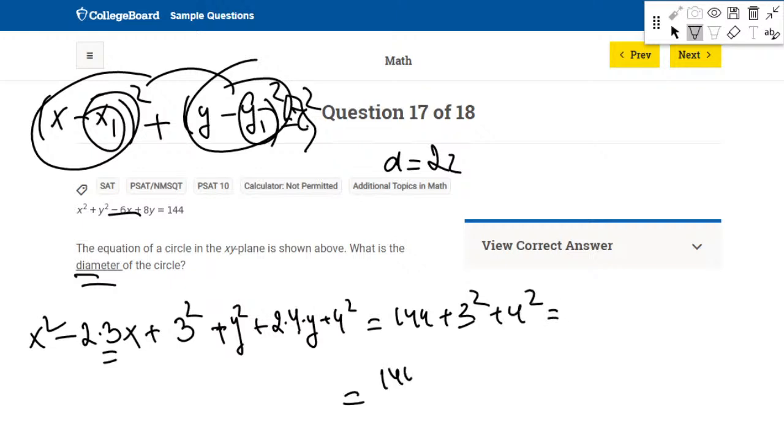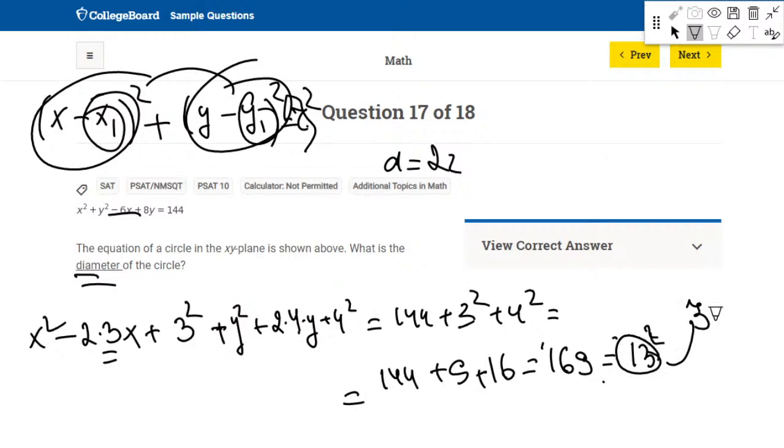I get 144 plus 9 plus 16, and this would give me a very nice number, 169. So I rewrite it as 13 squared. So 13 is the radius, but we need the diameter. So 13 multiplied by 2 equals 26 is the diameter.